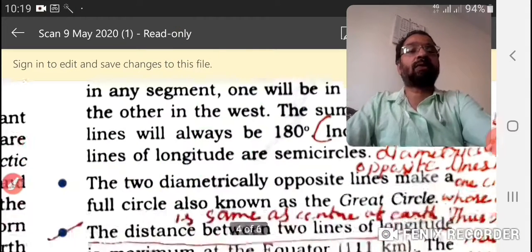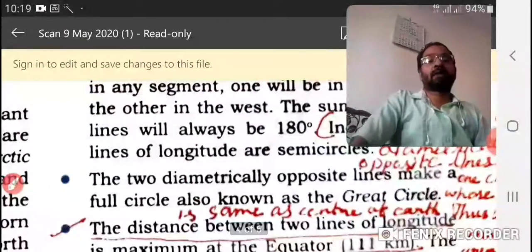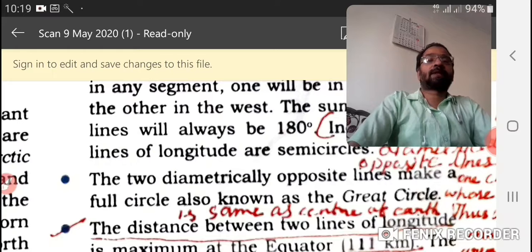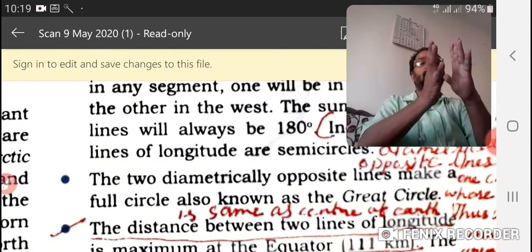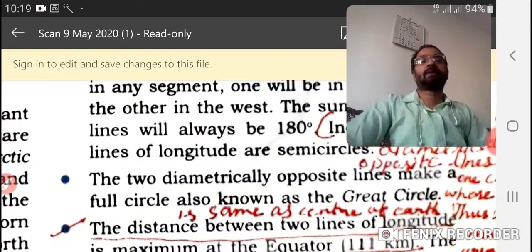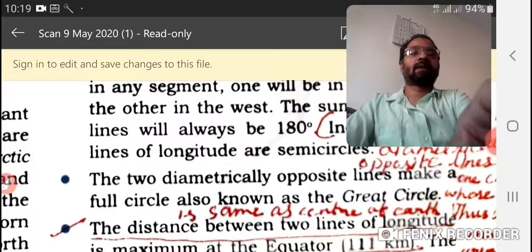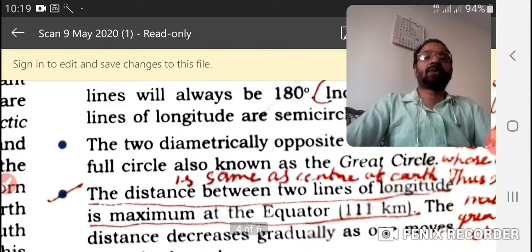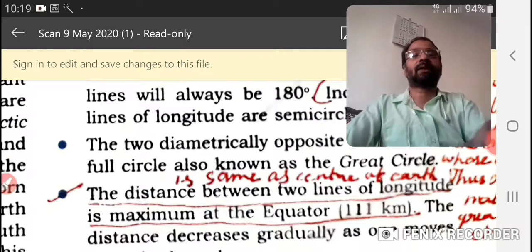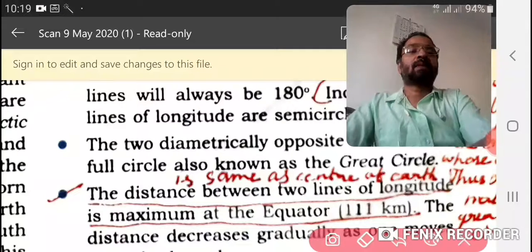The two diametrically opposite lines make a full circle, also known as a great circle. When both sides are joined together we get one complete circle of 360 degrees. The distance between two lines of longitude is maximum at the equator, 111 kilometers. The distance decreases gradually as one moves towards the poles.